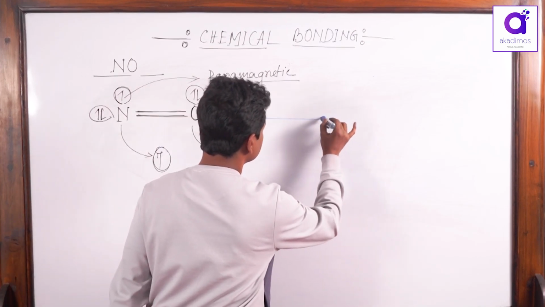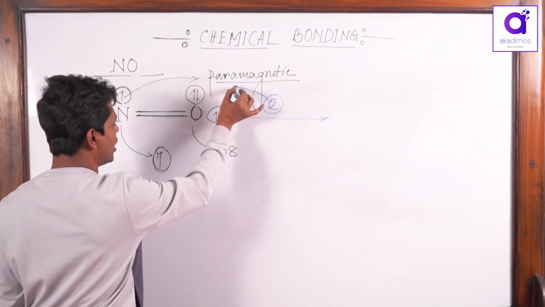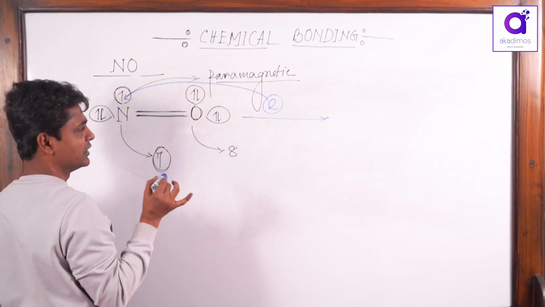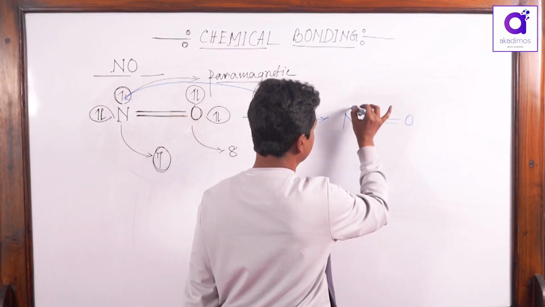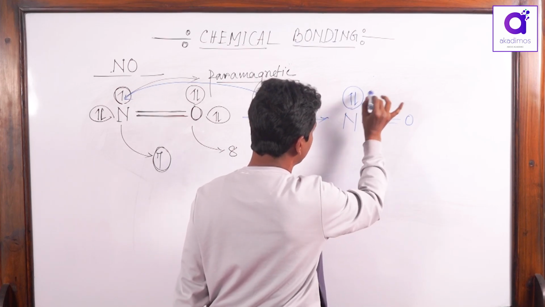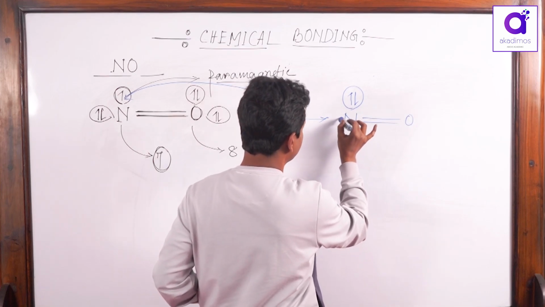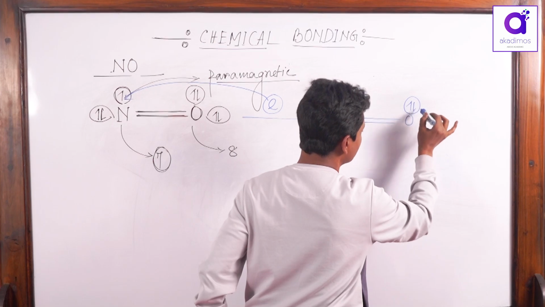If nitrogen of NO will take this electron, what will it get? 8, double bond, 8. There is one electron come from outside, and this is a lone pair, and oxygen has 2 lone pairs, no problem.